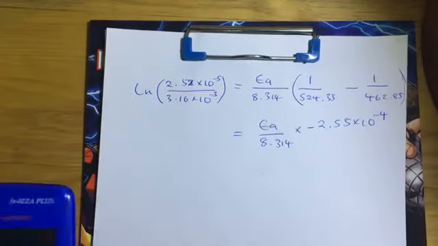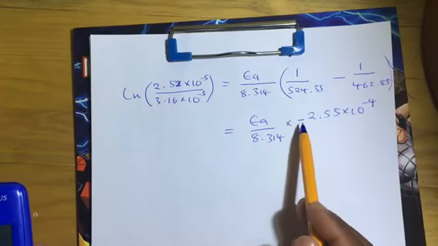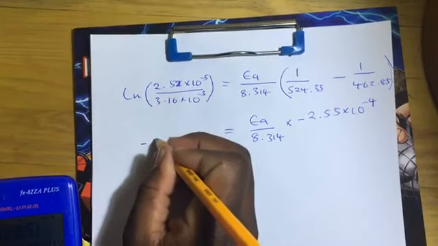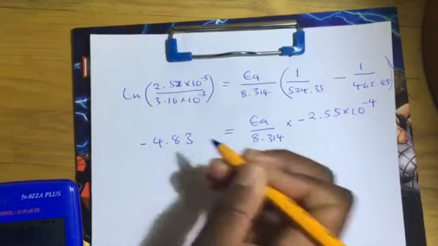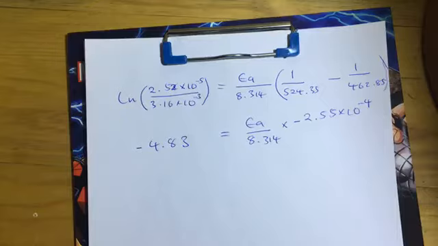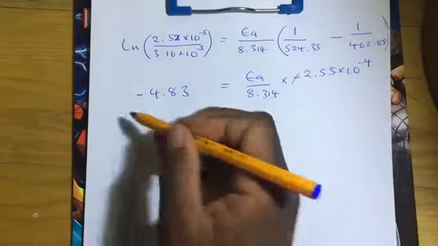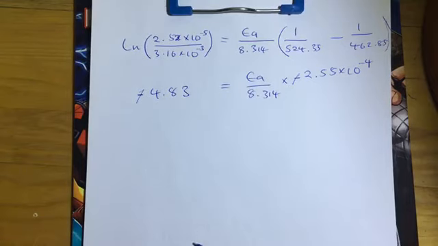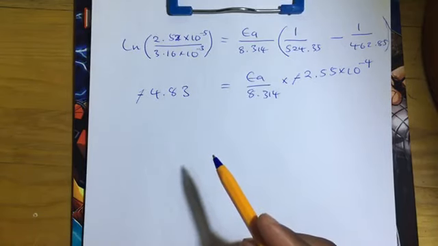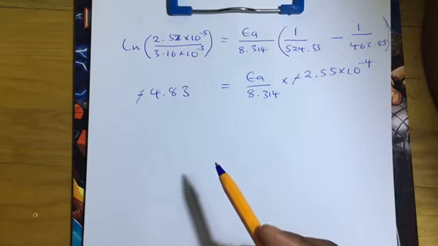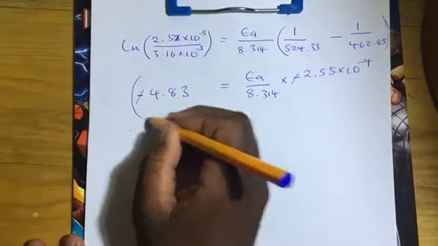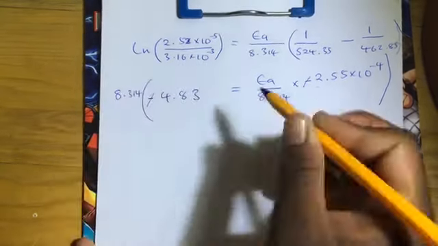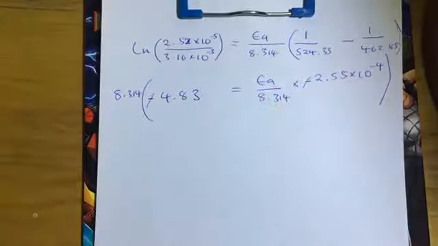This gives me a negative, and it makes sense. The negative that we got will cancel out with this other negative. So this gives me negative 4.83. There are no exponents here. Look, I'm looking for EA. So to simplify both sides, I can multiply everything by 8.314. This is now algebra, so the order doesn't really matter.